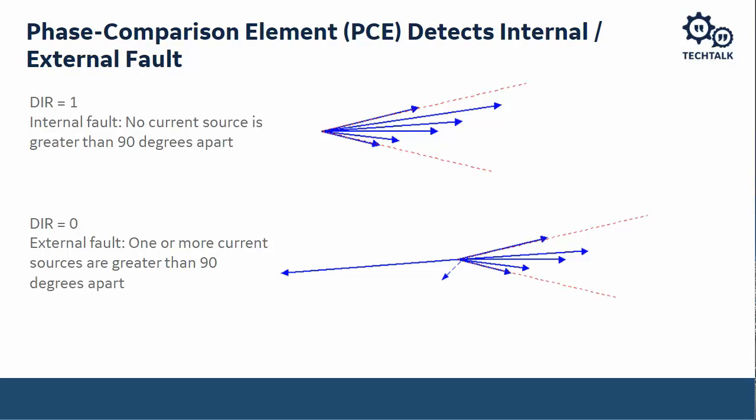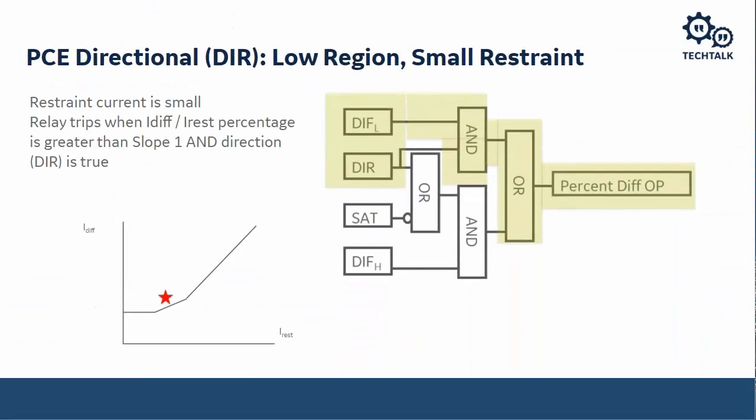If one or more of the current vectors is out of that 90-degree window, we set our direction flag to 0, saying that the fault is external. The way this looks within the logic is for a fault that goes where that red star is, we would have differential current, which would satisfy this, and then we're going to look at direction.